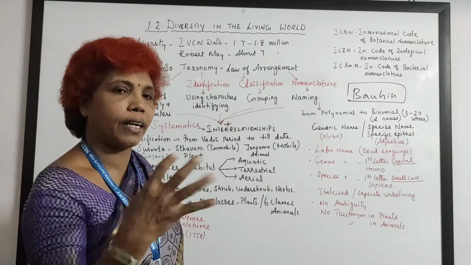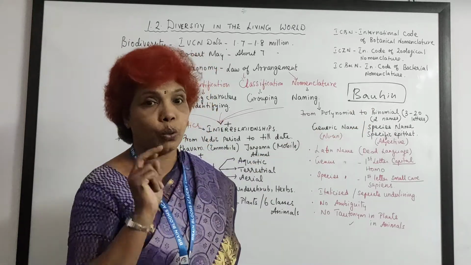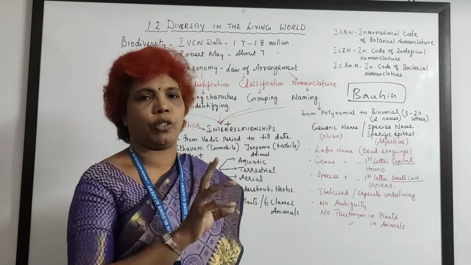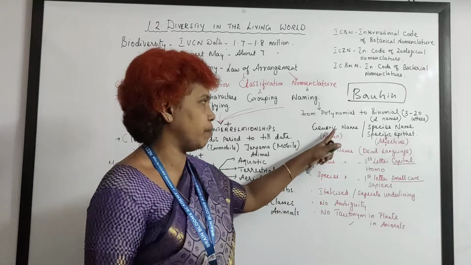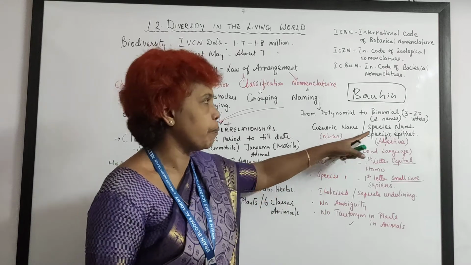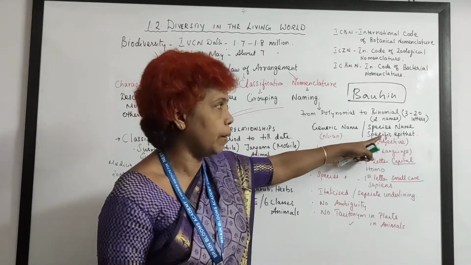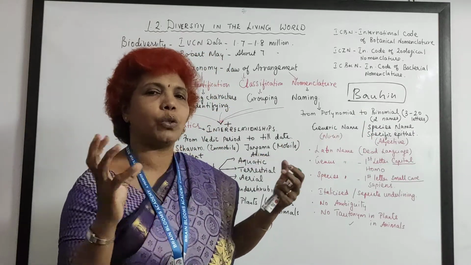So the entire credit goes to him, though Bauhin gave the idea. Two names have been given to every species: the first name is the generic name, the second name is the specific epithet or species name, and the entire name should be within some 3 to 20 letters.